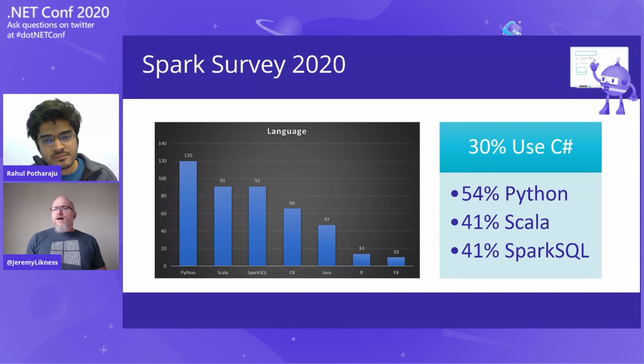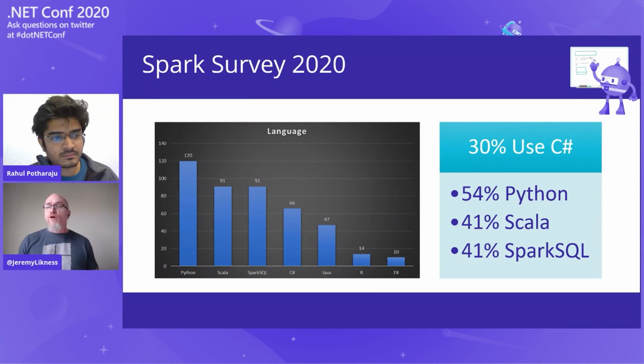What was interesting to us is Python, Scala, Spark SQL are the out-of-the-box languages and have been around for quite some time and are preferred. So it was exciting to see that we had 30%, or 1 out of 3, using C# now, which means that .NET for Spark is making some inroads. We actually have some F# usage as well. So F# users are plugging into the .NET for Spark paradigm.